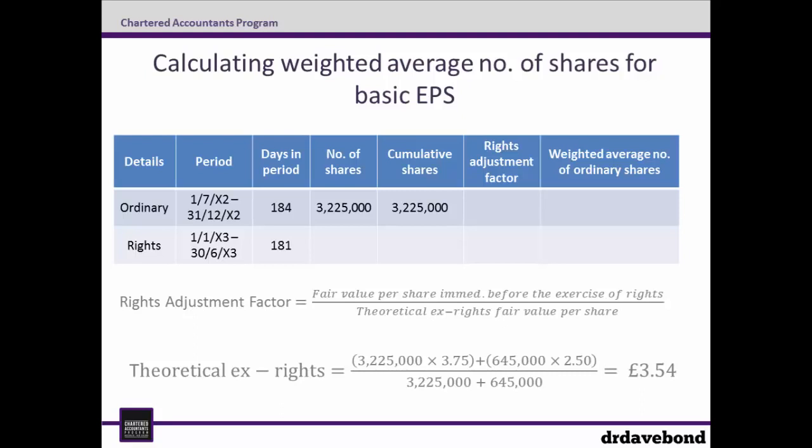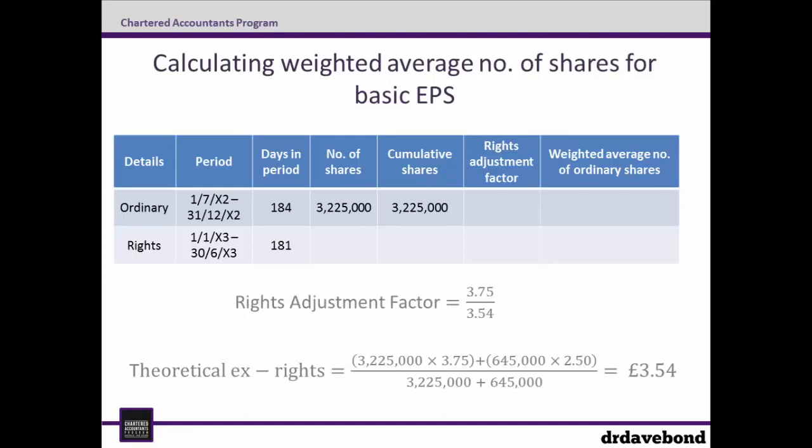If you're keeping all your decimal places, you'll see your answers start to diverge slightly from what we've got here. The rights adjustment factor is then 3.75, the share price, divided by the 3.54, the theoretical ex rights price or value, to give you 1.06. Again, this has been rounded to 2 decimal places.